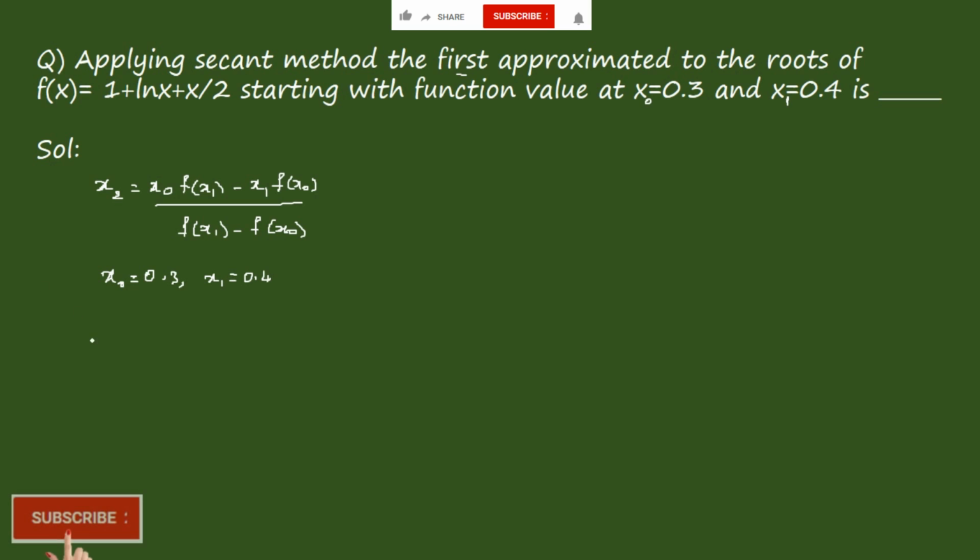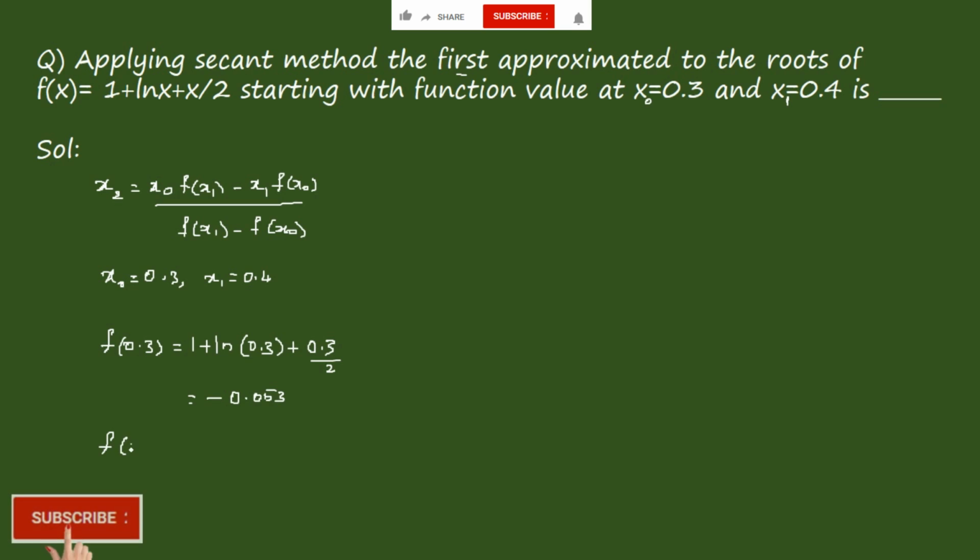So first we find the value of f of 0.3, right? The function is given: f of x is equal to 1 plus ln of 0.3 plus 0.3 by 2. We get the value as minus 0.053. Now we find the value of f of 0.4.